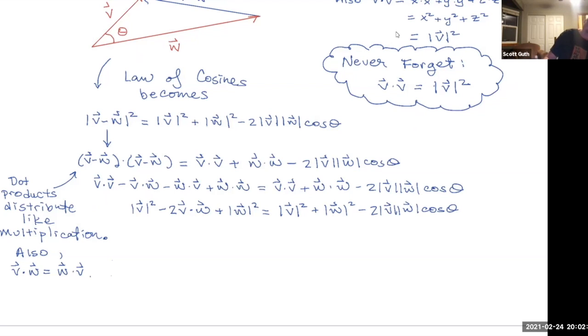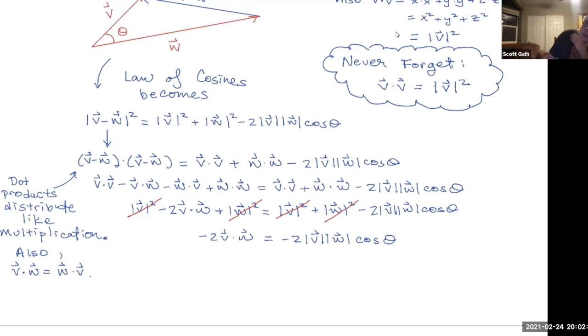And then by subtraction, there's a lot that eliminates. So I'll take the liberty of crossing out things that appear on both sides. That will subtract out. This will subtract out. We'll divide by negative 2, but I'll do that in two steps. So now I've got negative 2 v dot w is negative 2 magnitude of v, magnitude of w, cos theta.